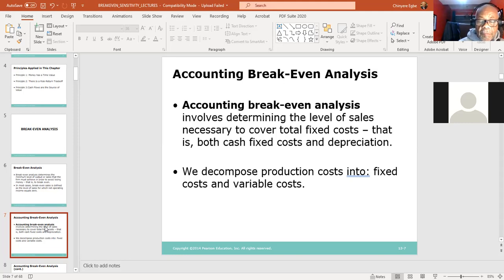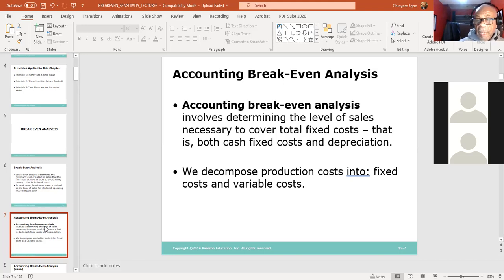Now, in order to do the basic accounting break-even analysis, you have to recognize that generally the production process involves a fixed cost, okay? Whether or not you produce anything, whether or not you engage in any activity, there's a fixed minimum cost.